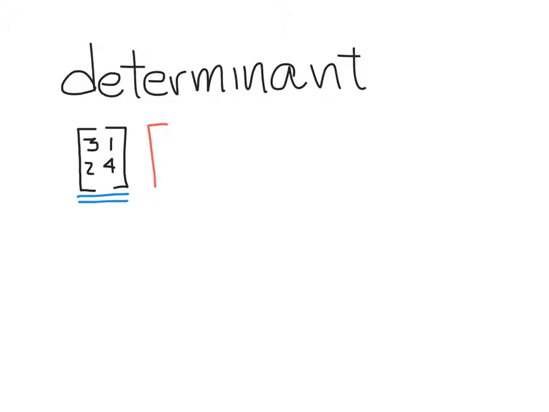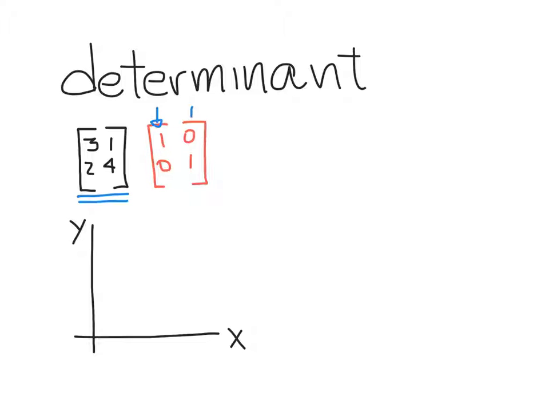try to imagine that there is another matrix: 1, 0, 0, 1, and this matrix is describing two vectors. Each column describes one vector, so I will draw these vectors.